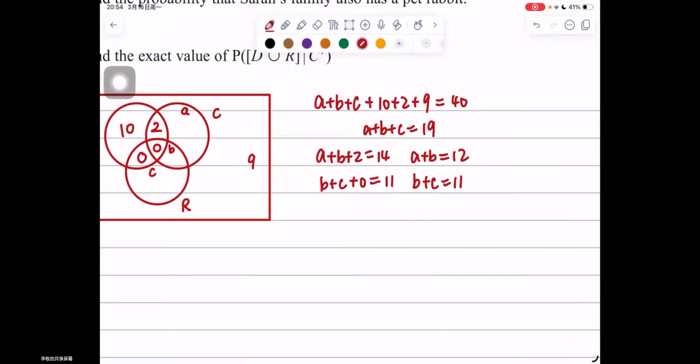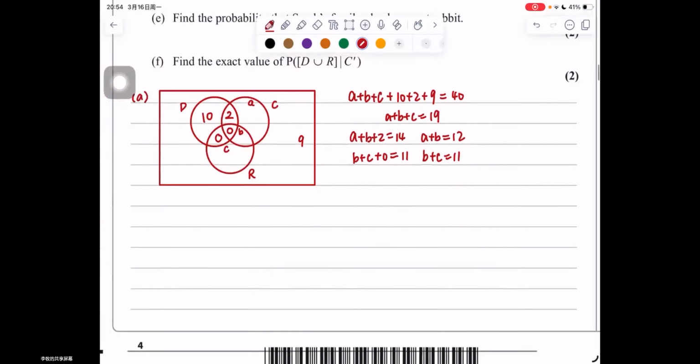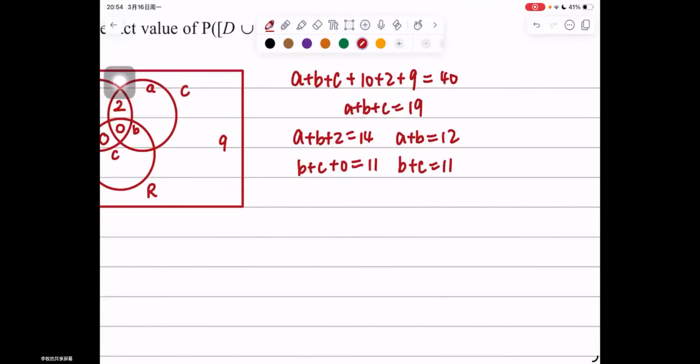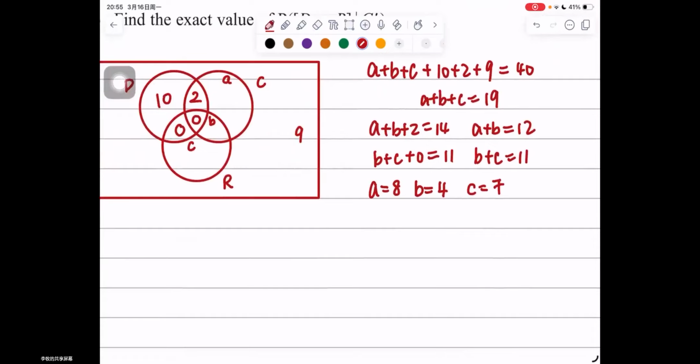I'm not going to do the specific math, I'm just going to tell you the answer. You can do a quick calculation by yourselves. We figure out that A is equal to 8, B is equal to 4, and C is equal to 7. Now we're filling in these values.